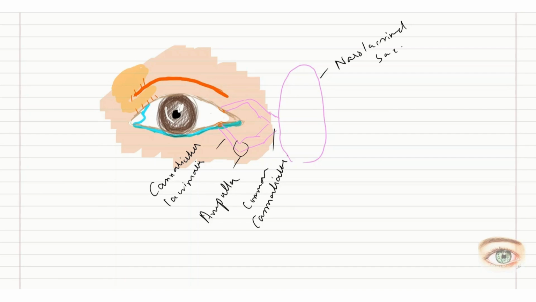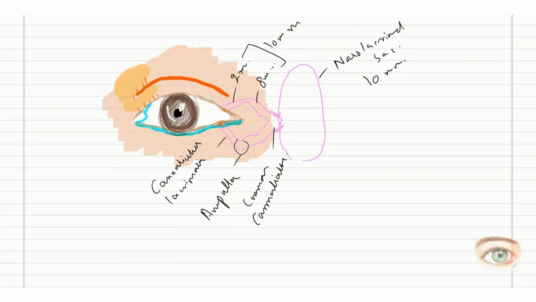I forgot to mention that the vertical canaliculus is 2 millimeters and the horizontal one is 8 millimeters. So together these make 10 millimeters. The nasolacrimal sac is actually 10 millimeters.